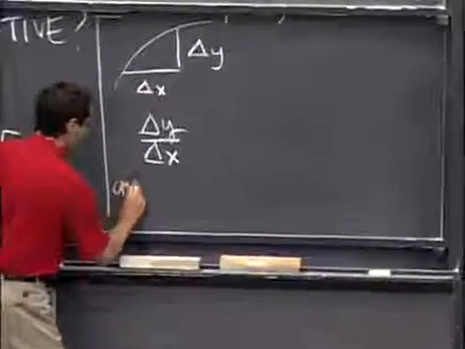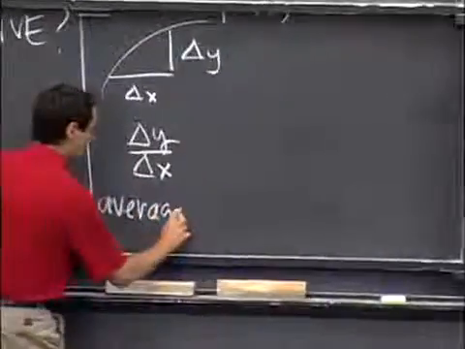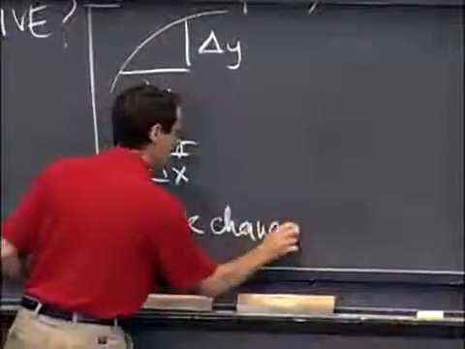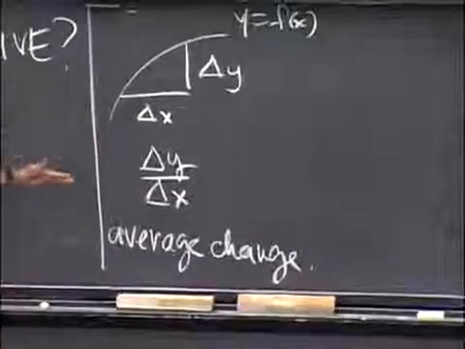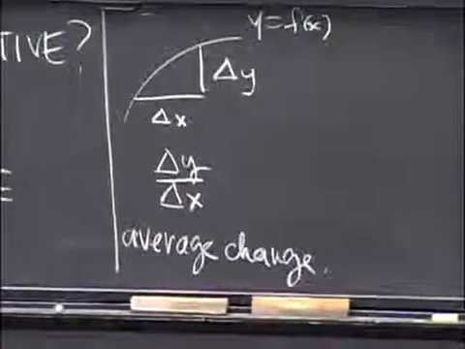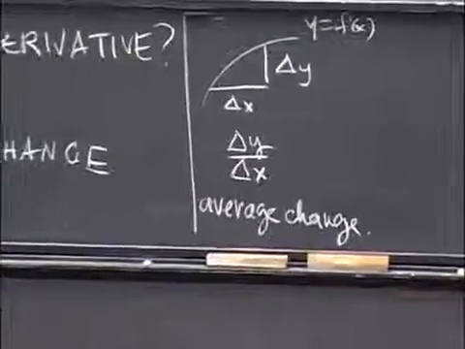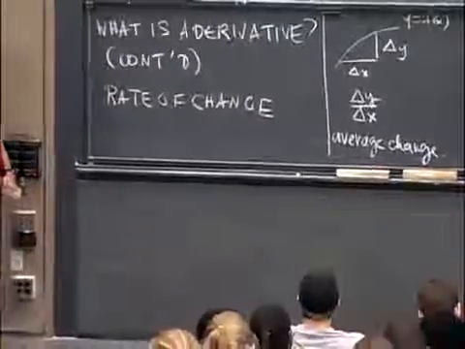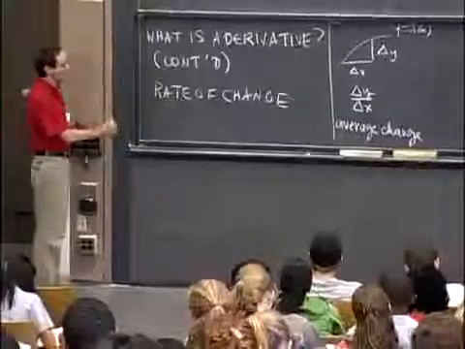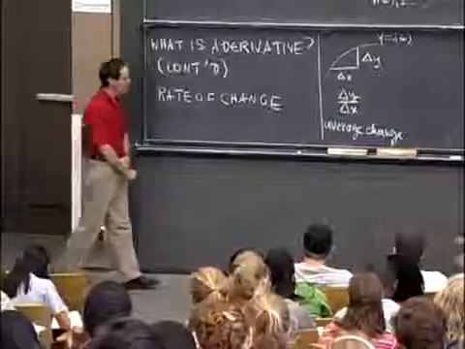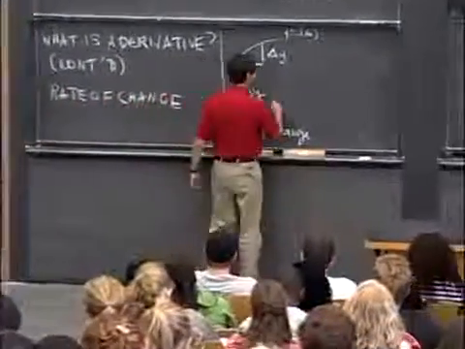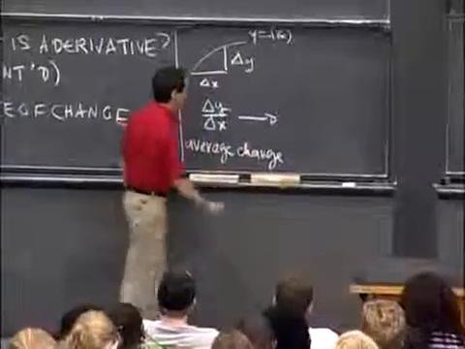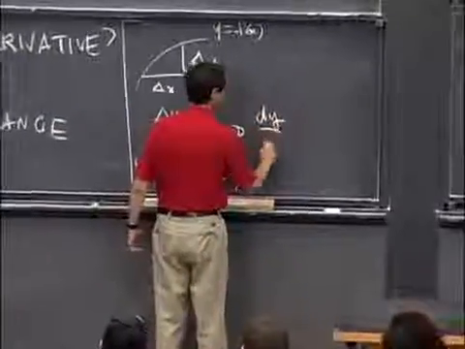And that has another interpretation. This is the average change. Now, usually, we would think of that if x were measuring time, and that's when this becomes a rate. And the average is over the time interval delta x. And then the limiting value is denoted dy dx.